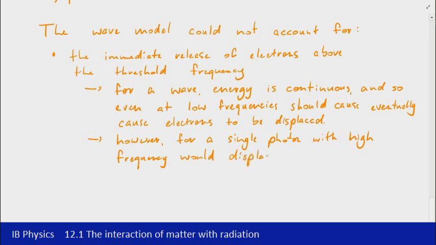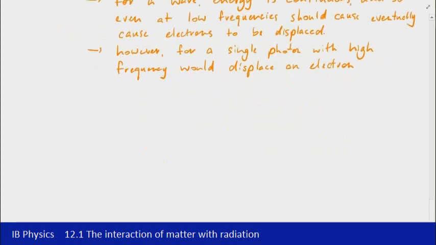The second ties back into the intensity that I mentioned earlier. The effect of intensity can't be explained by the wave model. The reason is, if we go back and think back to, I think it's Unit 4, for a wave, the intensity is proportional to the square of the amplitude, and amplitude basically relates to energy.